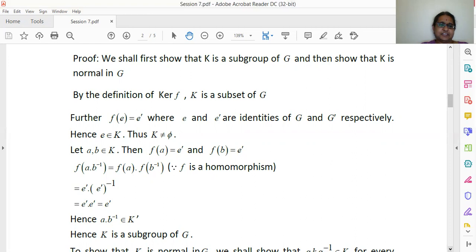So we get E dash dot E dash inverse. The inverse of an identity element is itself, so we get E dash dot E dash, that is equal to E dash. Hence A dot B inverse belongs to K. Hence K is a subgroup of G.